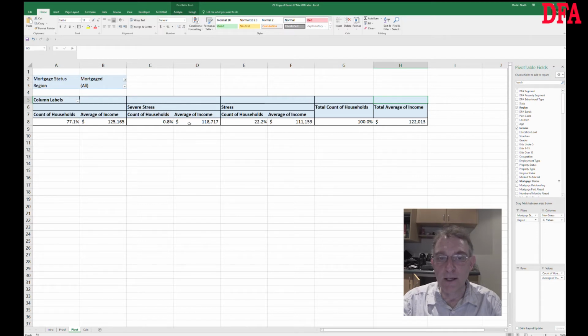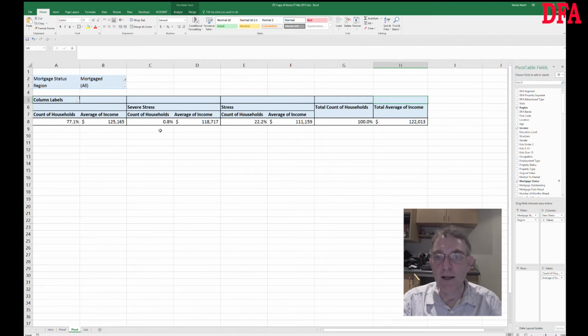If you look at the summary data, you can see that 77.1% of households are fine, so they're neither stressed nor severe stressed. Then we've got 22.2% of households who are in mortgage stress, and 0.85% of households who are in severe stress.